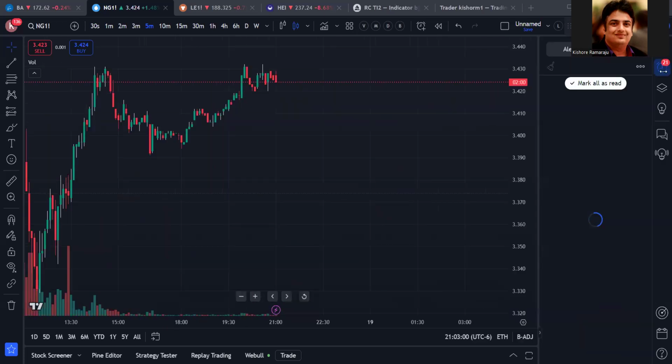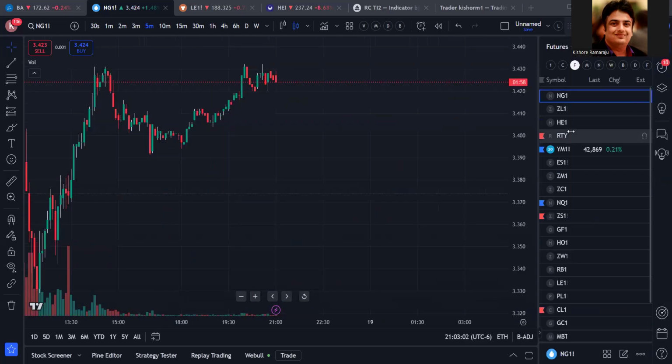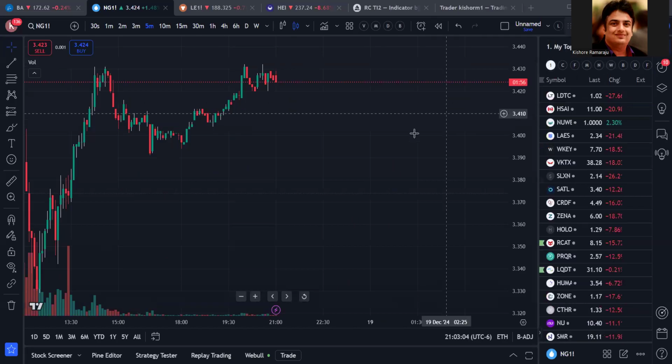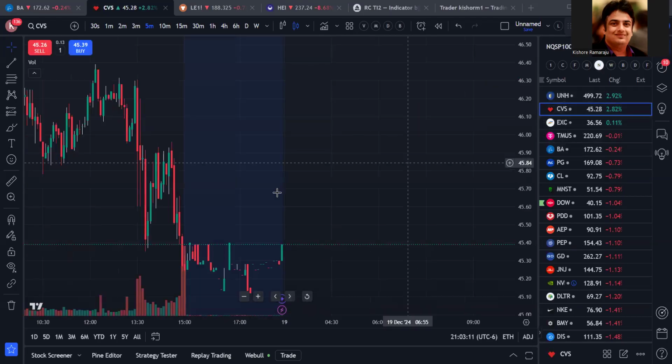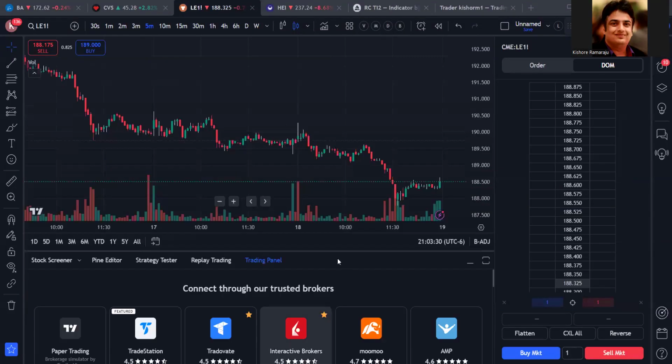So directly, if you want to buy some stocks, you can directly click on the stocks. For example, tomorrow morning, let us say CVS, we get a nice buy signal, and you see clouds are green, everything is right, your trend is green, momentum is green, clouds are green, background is green, then directly you can click here. There are only a few companies available.